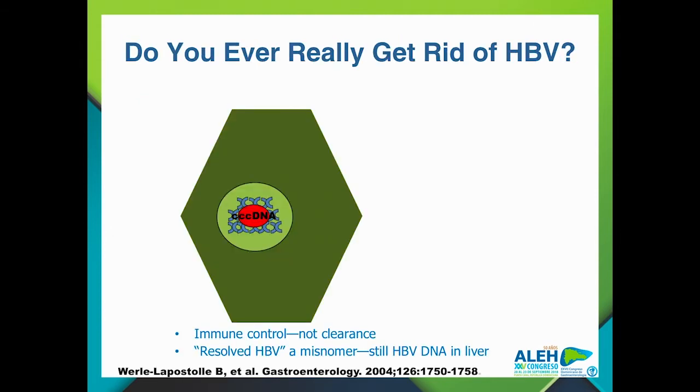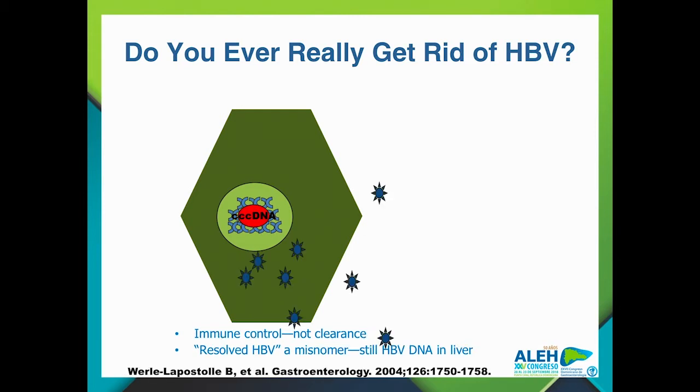Why? Well, we've heard a lot about the cccDNA from the previous two speakers. I'm simple. So in a pictorial fashion, someone who had hepatitis B or has inactive hepatitis B has this cccDNA in the hepatocyte nucleus. And they're either under good control, or it's not being expressed, or if it's being expressed, it's going to be subclinical, right?